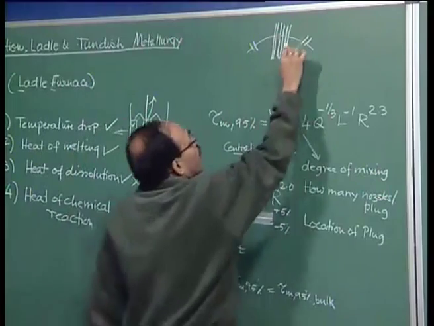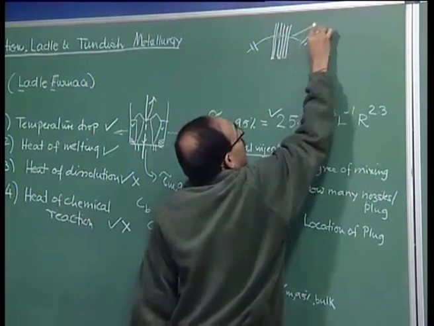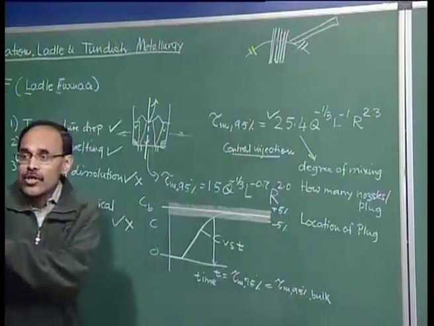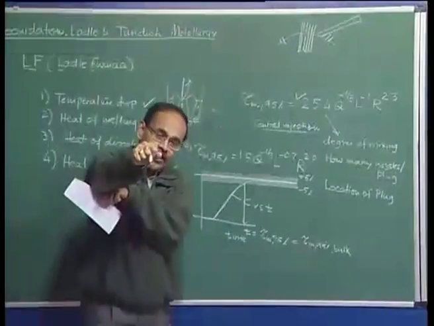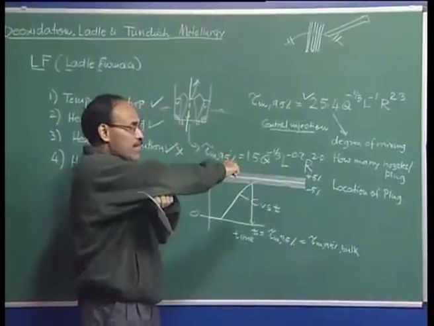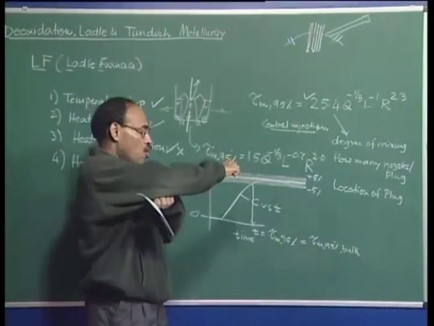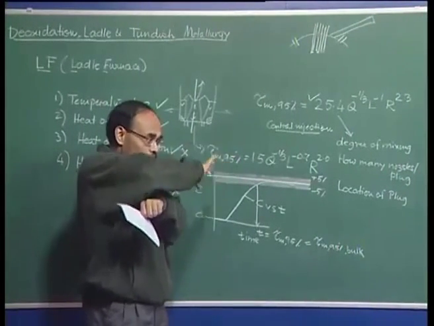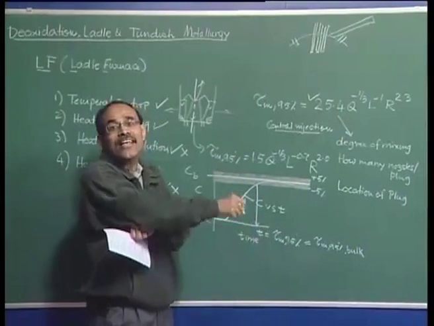The entire thing can be attached to an assembly and goes like this. The roof is on this particular arm and can be rotated. The roof remains with the electrodes normally, and if you go to a secondary steel making plant, you can see this arm, the roof, and the electrodes hanging in the open.